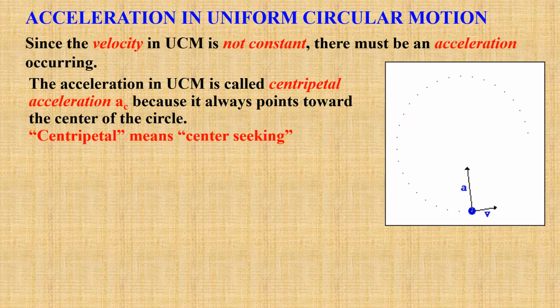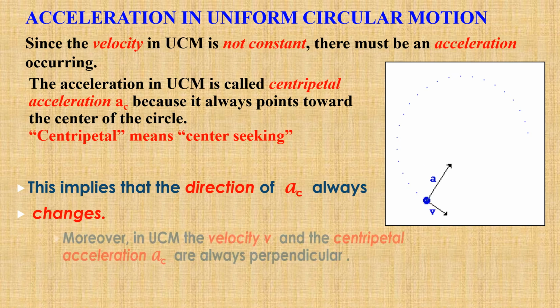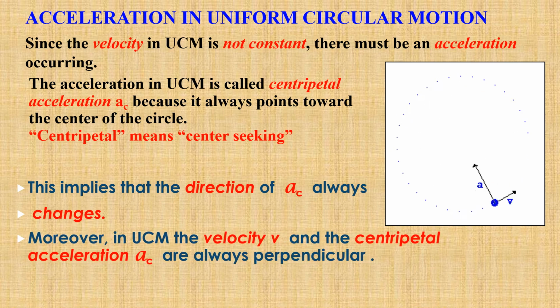Centripetal means center seeking. This implies that the direction of a sub c always changes. Moreover, in UCM, the velocity v and centripetal acceleration a sub c are always perpendicular to each other.